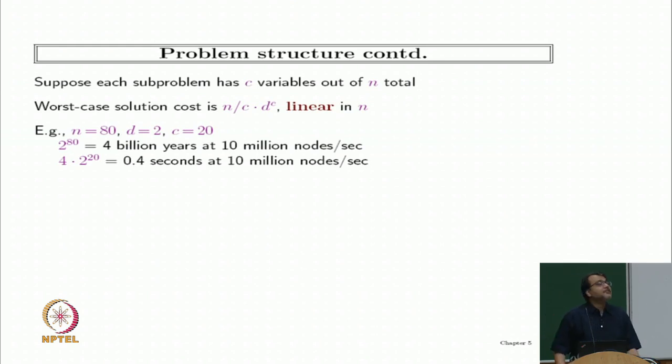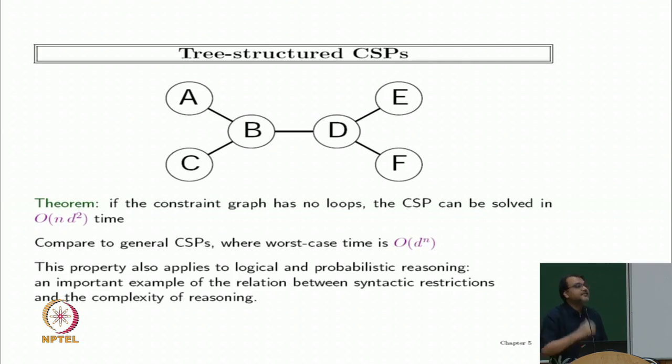And one such kind of problem structure is a tree structure. So now theoreticians have been doing this for their living, right? They say that if you give me a general graph, this is the time complexity, but if you give me a planar graph, that will be the time complexity, and if you give me a tree, that will be the time complexity. So let's be theoreticians for a few minutes. And let us say our constraint graph is a tree. For example, this kind of a tree.